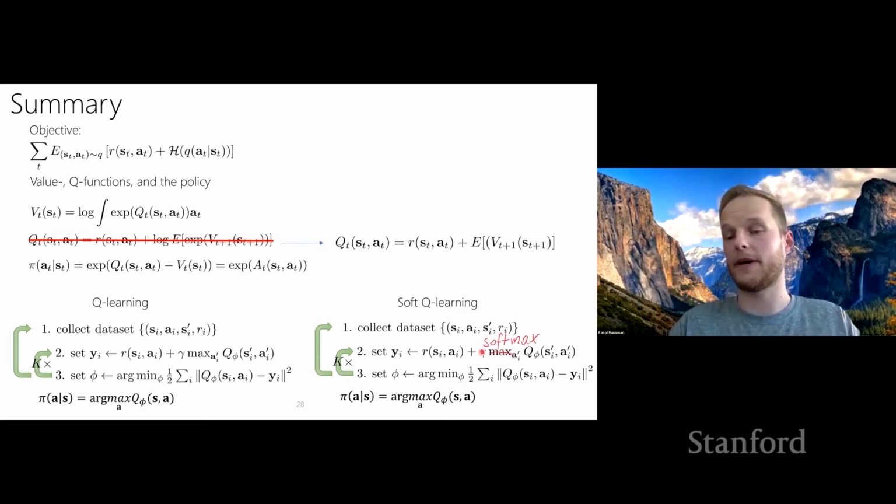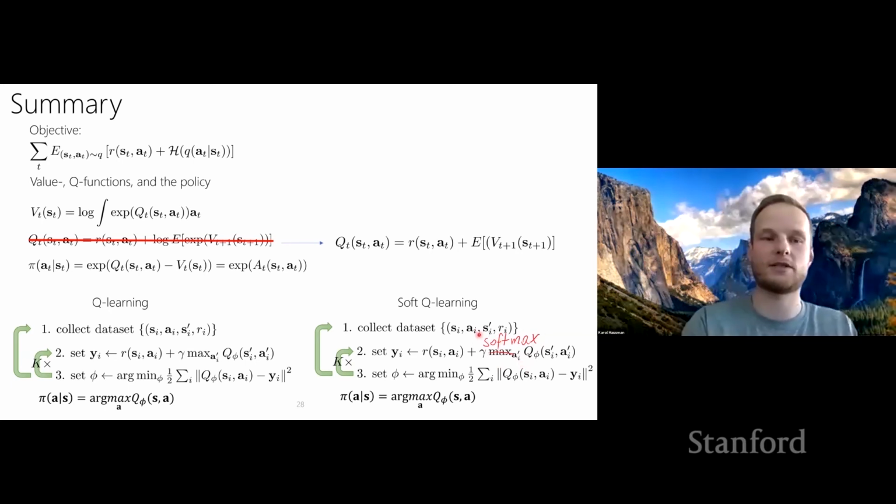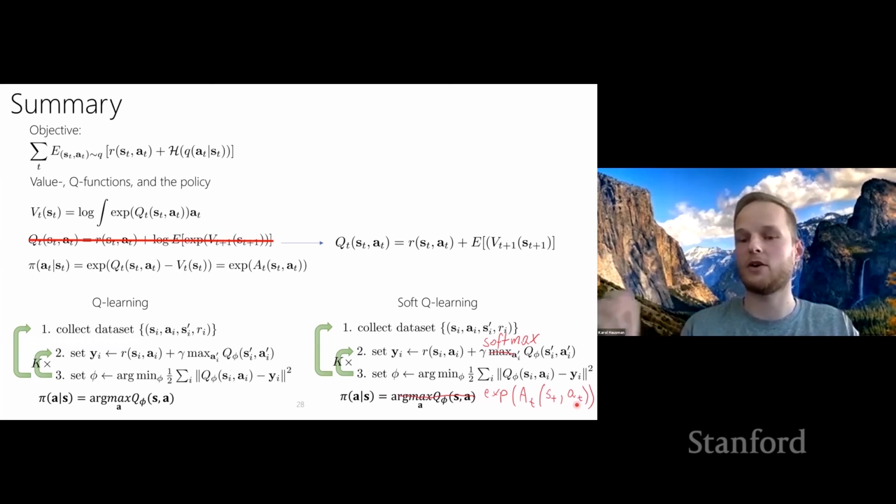Instead of having the hard max over the actions, this is changed into a soft max, and soft max describes the log of integral of the exponent. So we are not taking the full max, but we are a little bit softer here. And instead of taking the policy that is doing the argmax over the Q function, our policy is now the exponential of the advantage. So it's not as hard as before either.